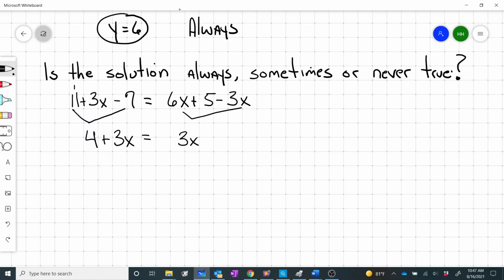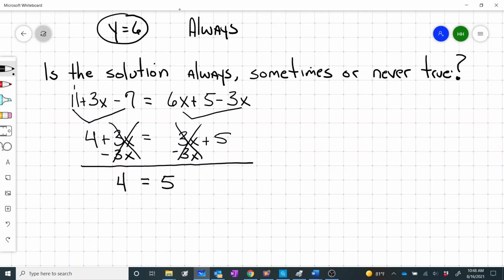And then we get a plus 5. And if we just follow the process of solving this equation, if we subtract 3x from each side, on the left-hand side, these 3x's cancel out, and on the right-hand side, they cancel out. And if we drop down the 4 and the equal sign and the 5, we get 4 equals 5.